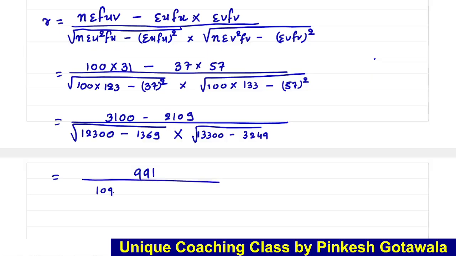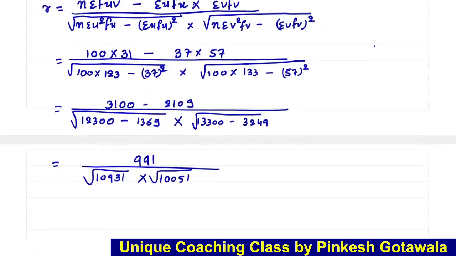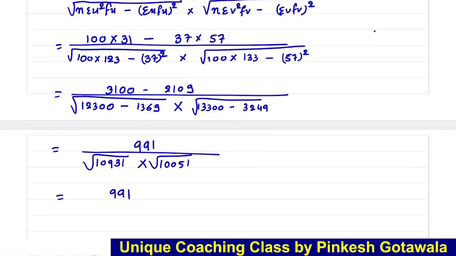Here 10931, 10051. So 991, 10931 into 10051 and root, 10481.77. So you will get answer 0.09.